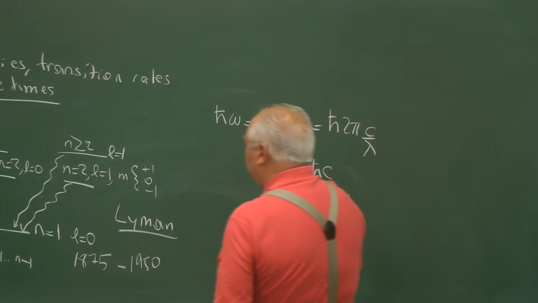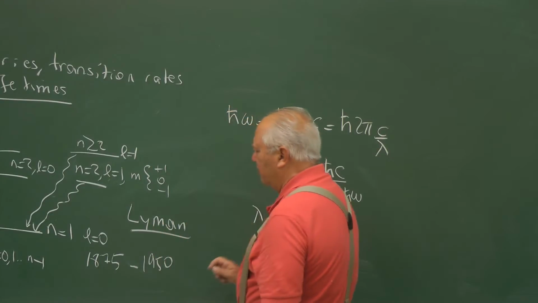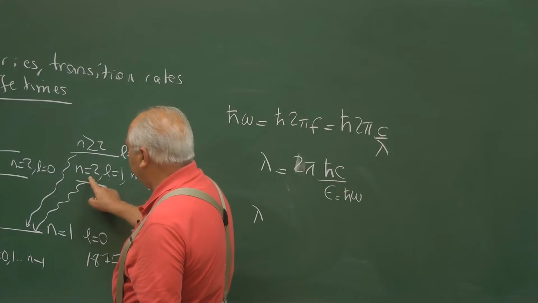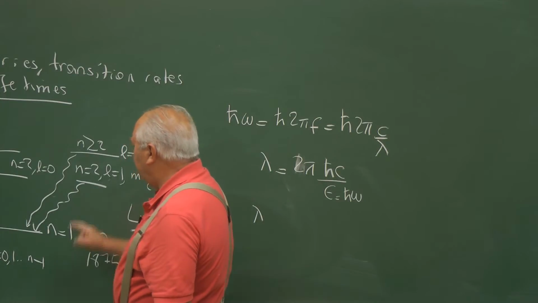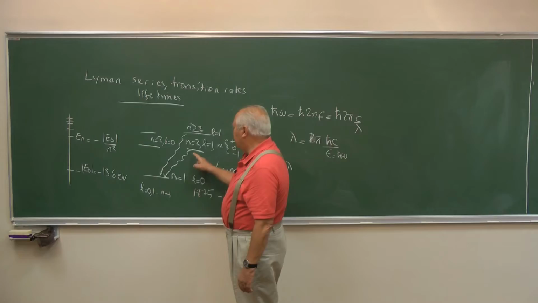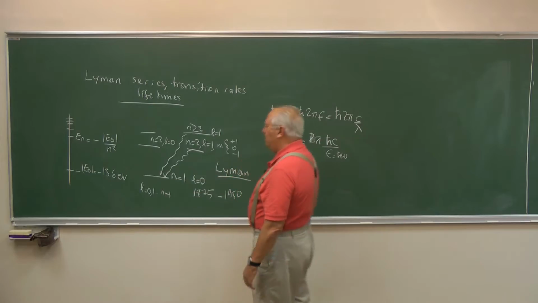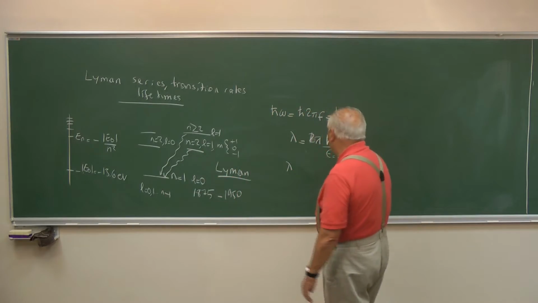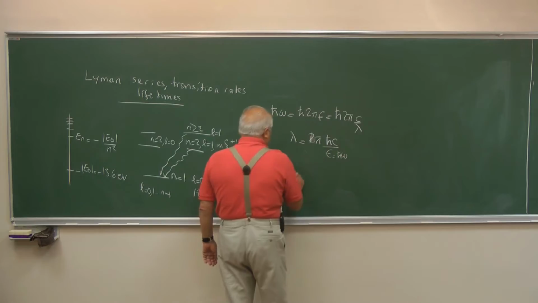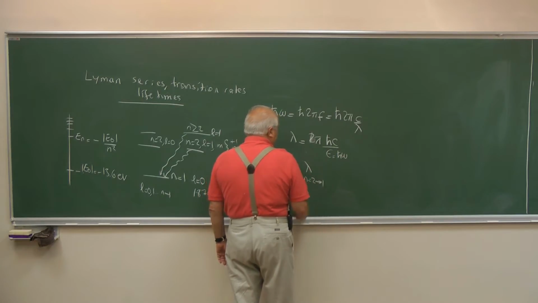So the wavelength for the transition from n equals 2 to n equals 1. By the way, these are named by Greek letters, so this is called the Lyman Alpha. The next one, n equals 3, is called Lyman Beta. So it goes like this. Lyman Alpha is n equals 2 to 1.